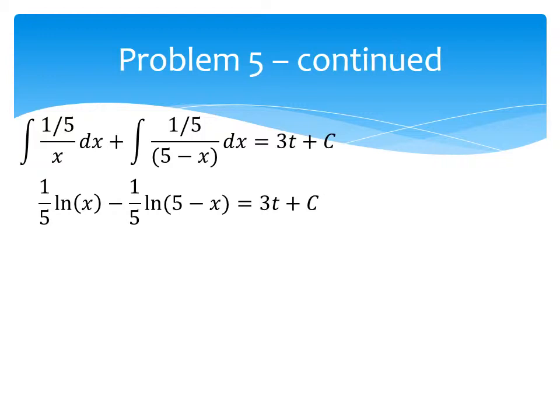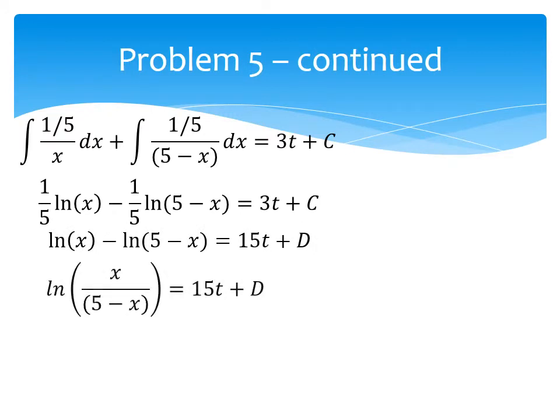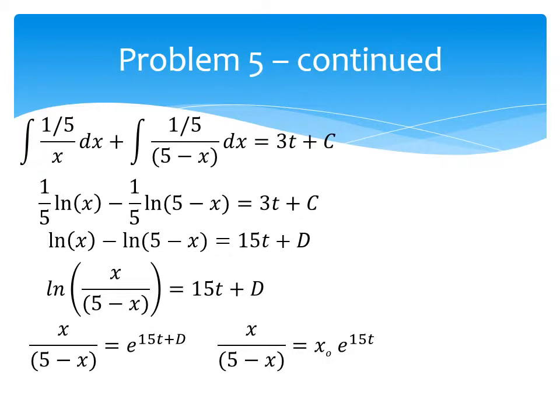Alright, so we have this integral to do, and we've done a lot of these lately, so that's basically a logarithm integral that comes out. We can factor out the 1/5 of both integrals. I can multiply by 5 throughout the whole expression, use properties of logarithms, take the exponential on both sides, and now I need to solve for x.